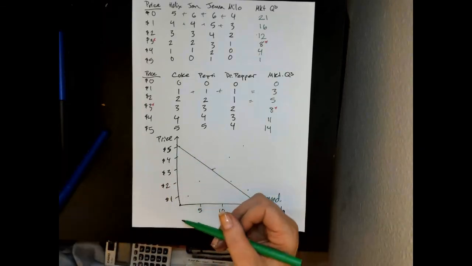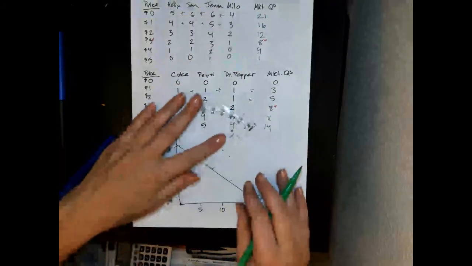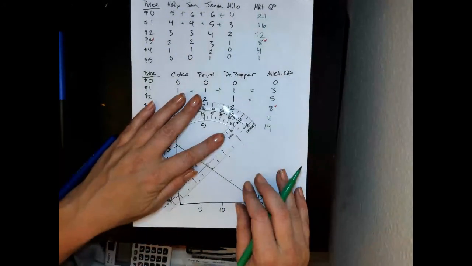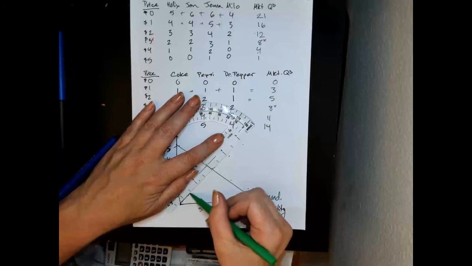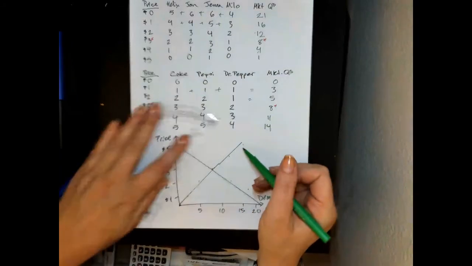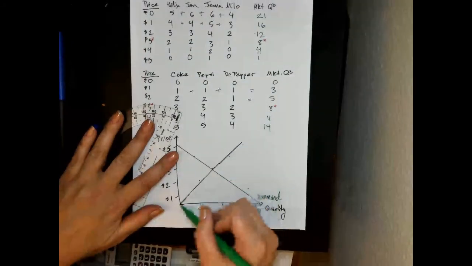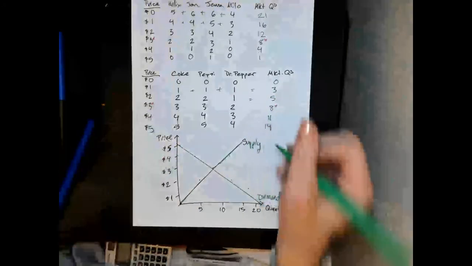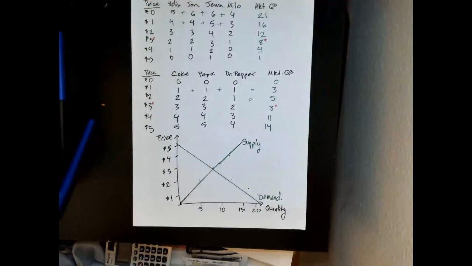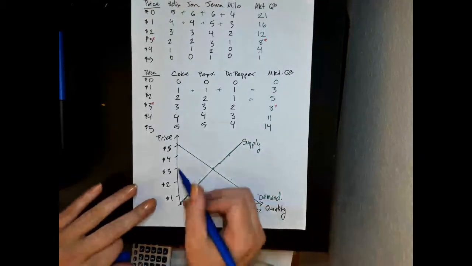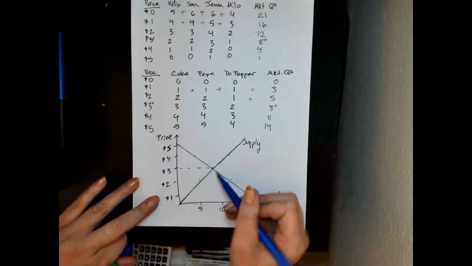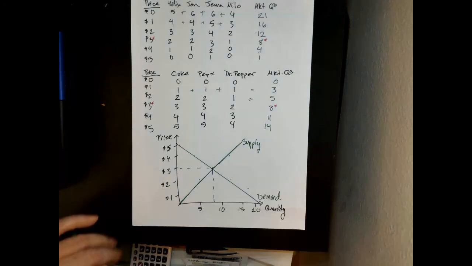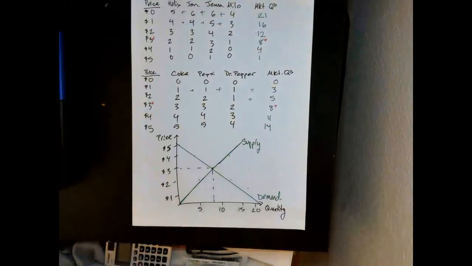So that gives me my supply curve. Almost a straight line. And again, I can determine the equilibrium price and quantity, which is going to be $3 and 8 sodas. So far, so good.